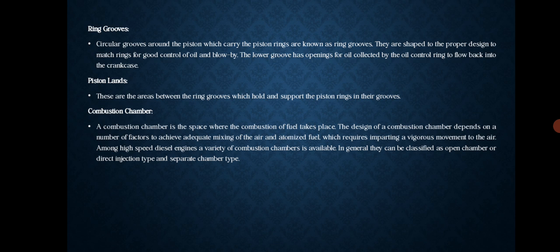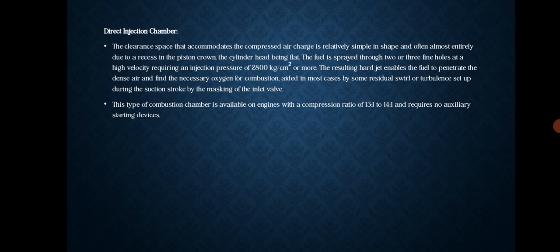In general, they can be classified as open chamber or direct injection type and separate chamber type. Direct injection chamber: the clearance space that accommodates the compressed air charge is relatively simple in shape and often almost entirely due to a recess in the piston crown, the cylinder head being flat.